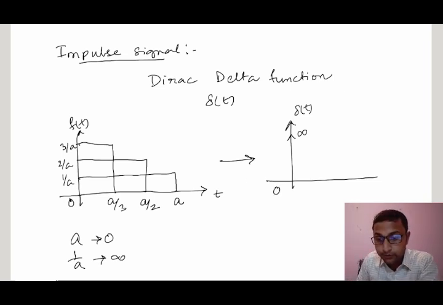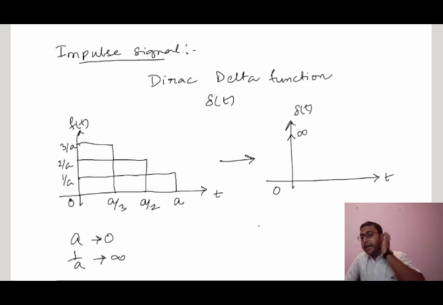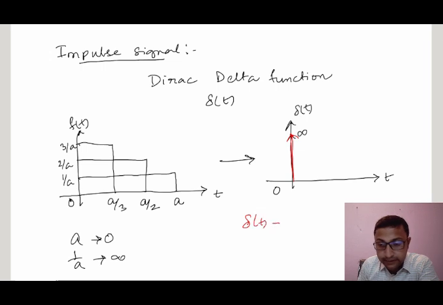This is 0, this is the time axis. That means the area under the curve, what is the curve? The curve is the short pulse. This is your impulse signal. The value of delta(t) is equal to 0 for t not equal to 0.